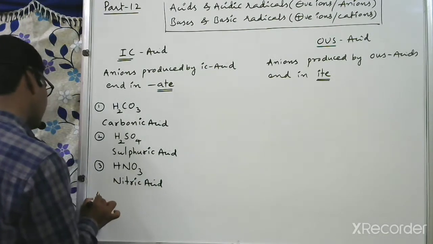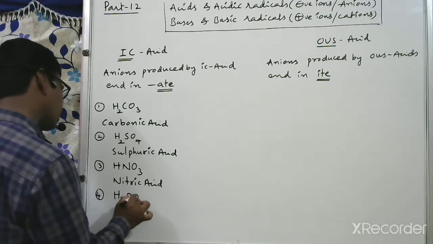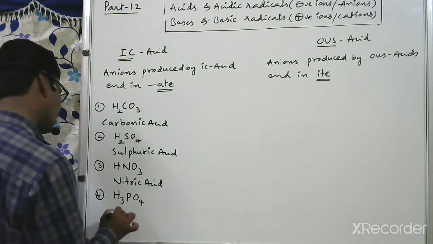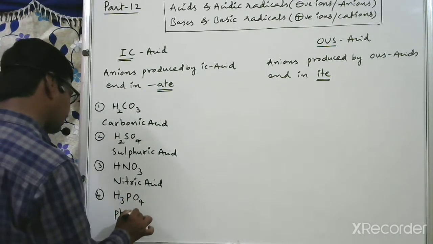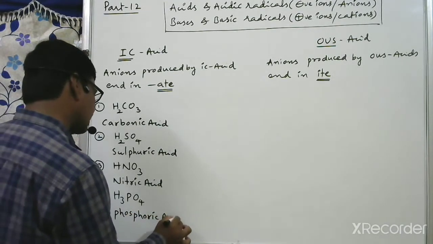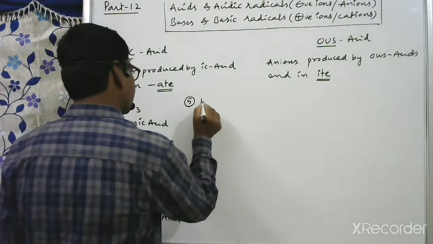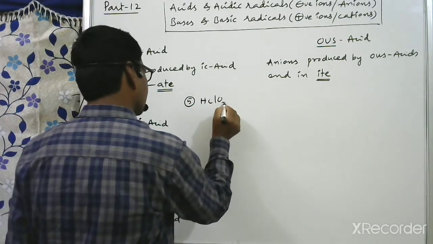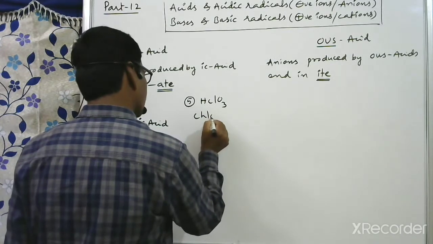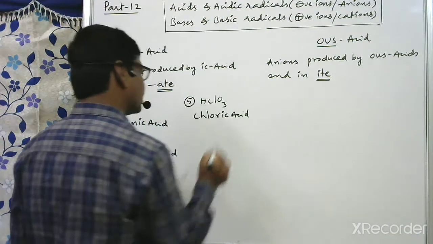Then a few examples: H3PO4, this is phosphoric acid. HClO3, this is chloric acid.